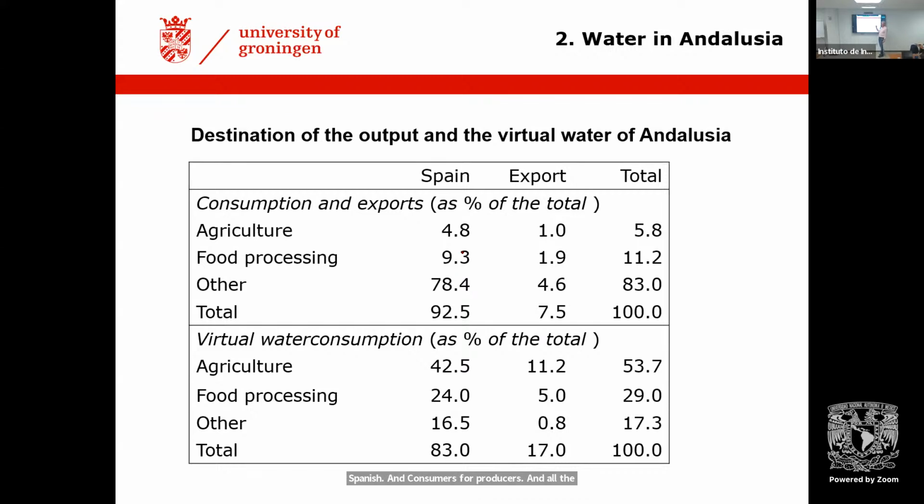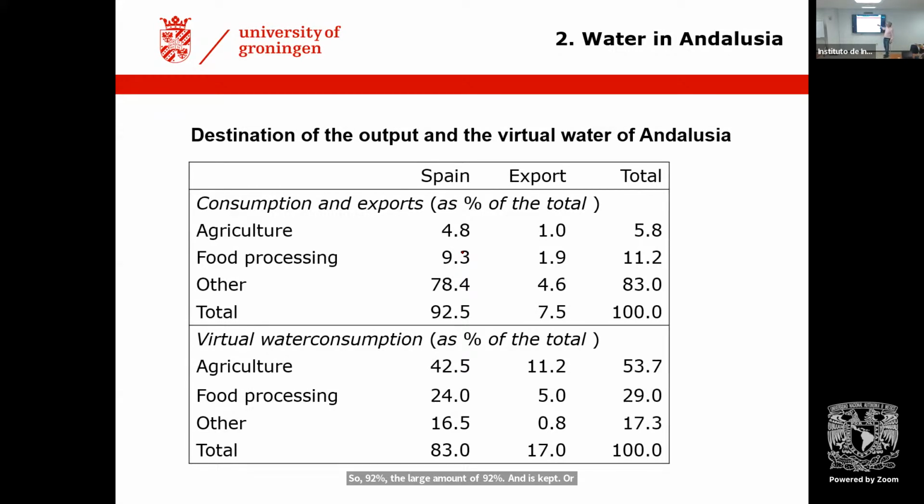So we're talking here about percentages. And observe that 7.5% of all the final demands are exported. So 92%, the large amount of 92%, is kept for domestic consumers.